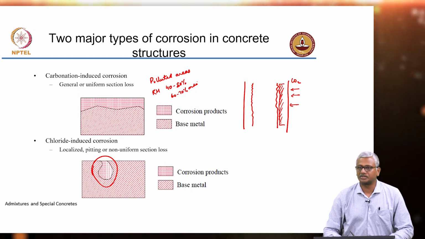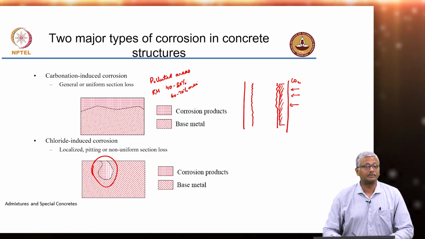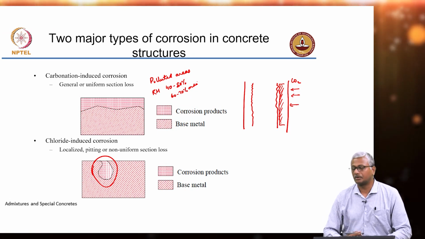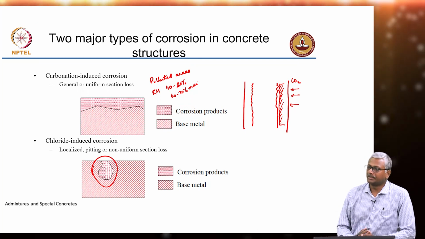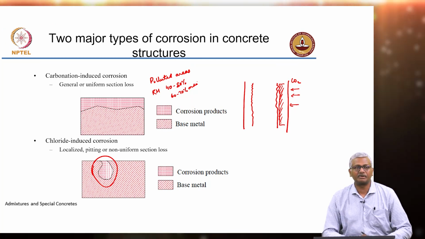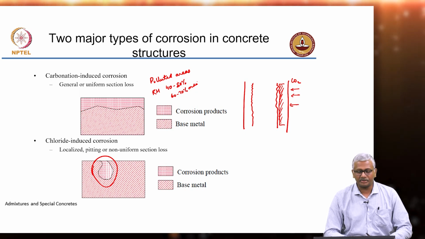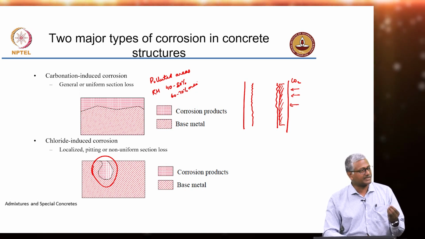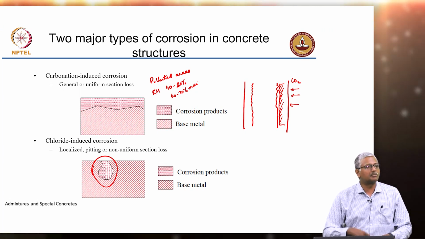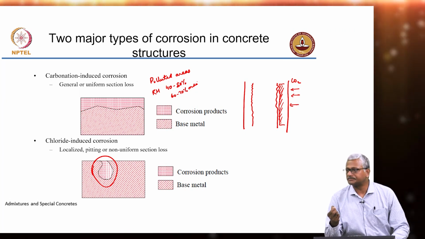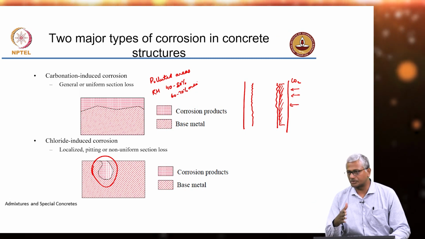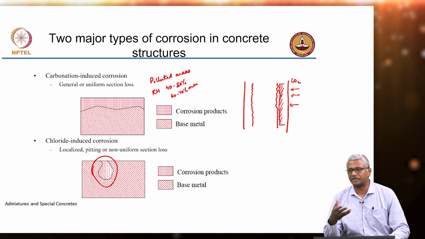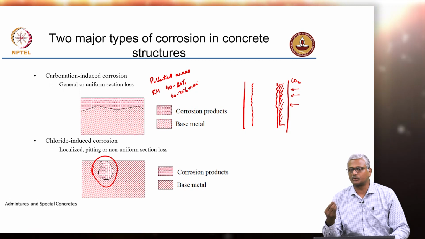Maximum rate of carbonation, carbon dioxide induced corrosion, or rather carbon dioxide penetration is possible in the 60 to 70% relative humidity range, but it can happen all the way up to 80%. Beyond that, the concrete is almost getting saturated. So, if the pores of concrete are saturated with water, it is not easy for the gas to diffuse. There is no space for the gas to come in, and there is only so much of CO2 that can dissolve in water.